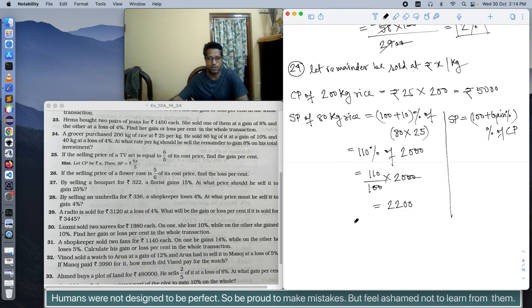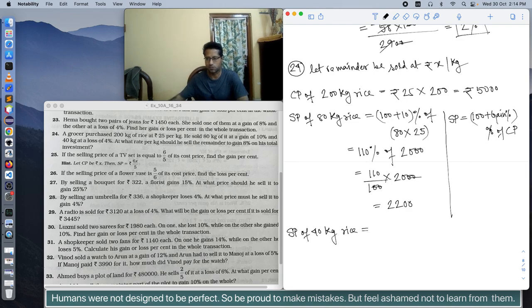40 kg of the rice when it was sold at a loss of 4%. So the selling price of 40 kg rice is equal to, we know that this 40 kg of rice was sold at a loss of 4%.